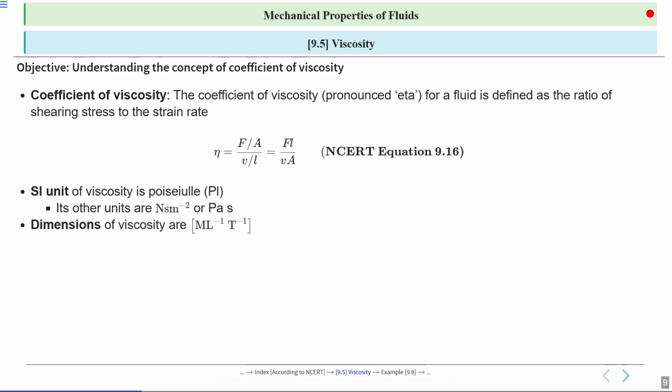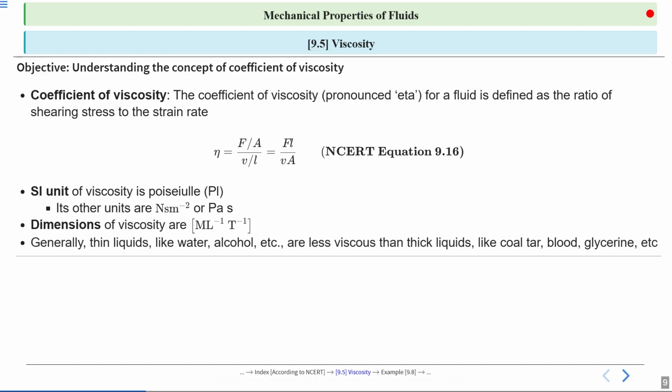Understanding dimensions helps us check if our equations make sense and can be useful for unit conversions. Generally, thin liquids like water, alcohol, etc. are less viscous than thick liquids like coal tar, blood, glycerine, etc. This difference is why honey pours slowly while water pours quickly.